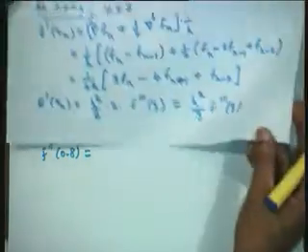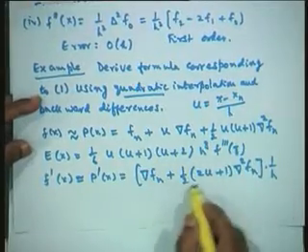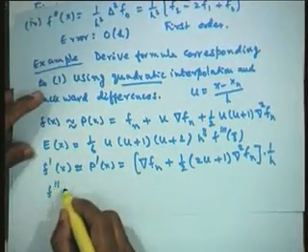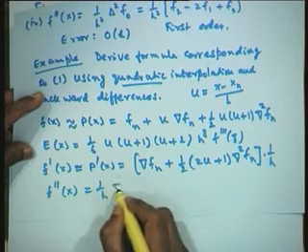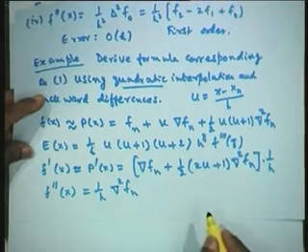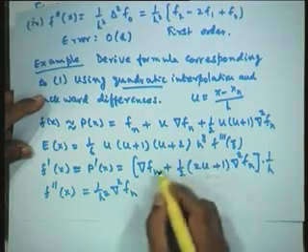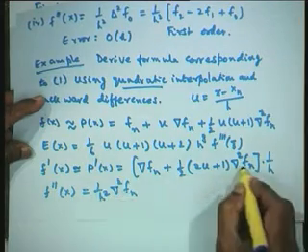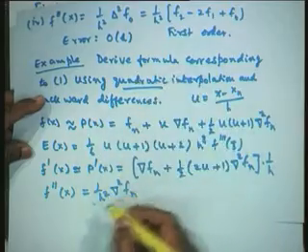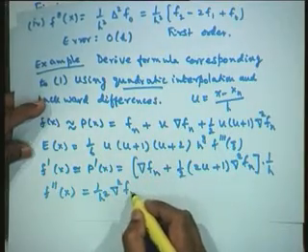Now, again from the previous formula, if I differentiate it once more, f double dash will become simply 1 upon h delta squared f n times 1 upon h, therefore 1 upon h square delta squared f n, since I am differentiating with respect to u and du by dx will also come, which corresponds to the formula in the backward difference.